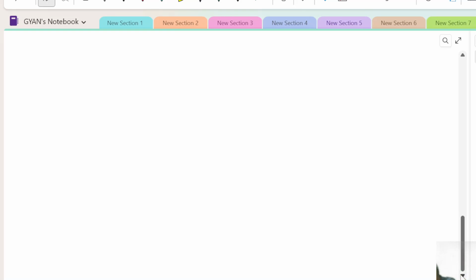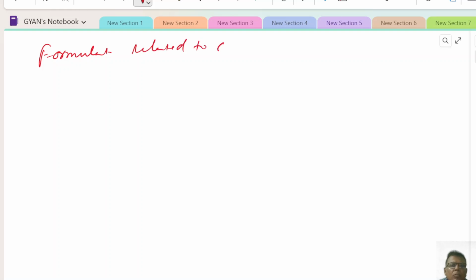Now come to the formula related to chord. So what is a chord? This is called a chord.